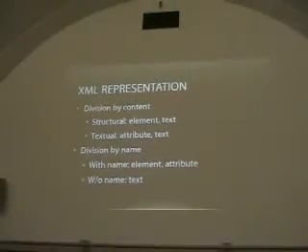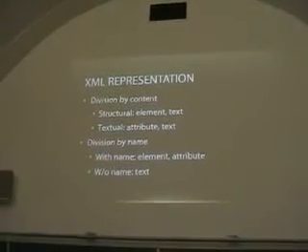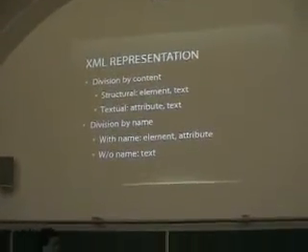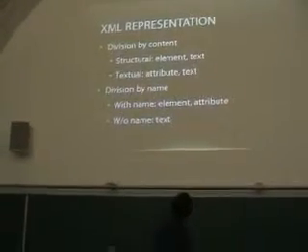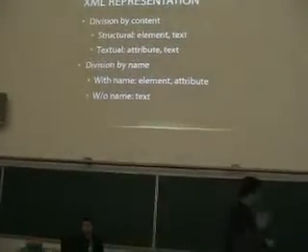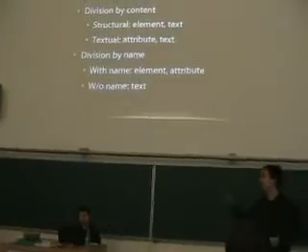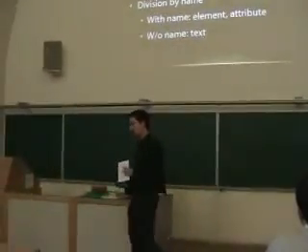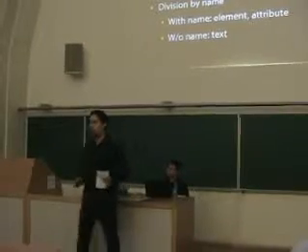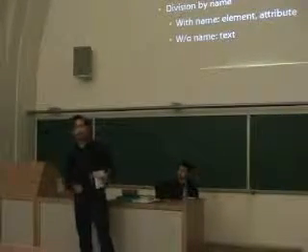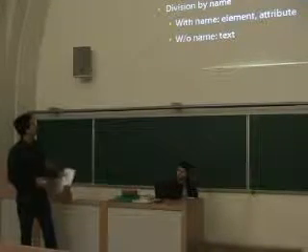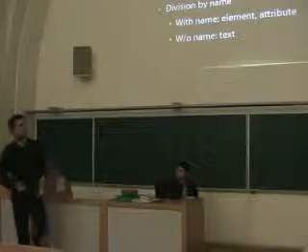The first one will be the elements and text nodes where we have some kind of structure, and then we have textual nodes that are attributes and text nodes again. Then we can divide these types of nodes based on whether they do or do not have a name. The first one will be element and attribute, as they have a name, and the second will be without a name, which is the text node.